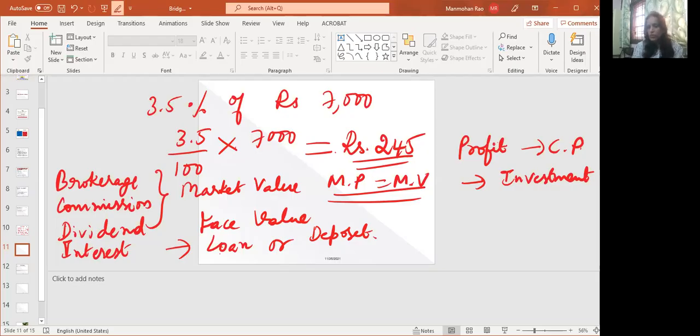Now, all these are expressed in terms of percentage. Why have I mentioned that all these are percentages? These are the examples of percentages. You don't ask where exactly the percentage is used.